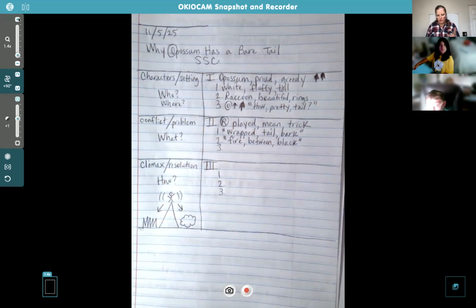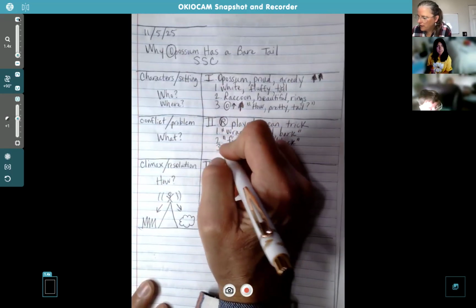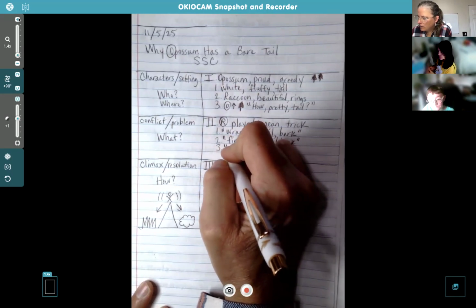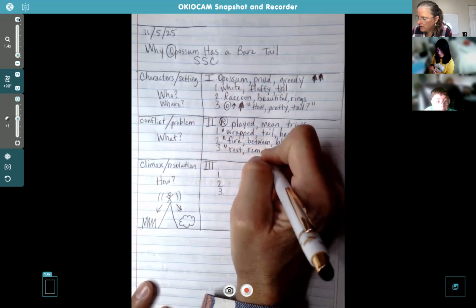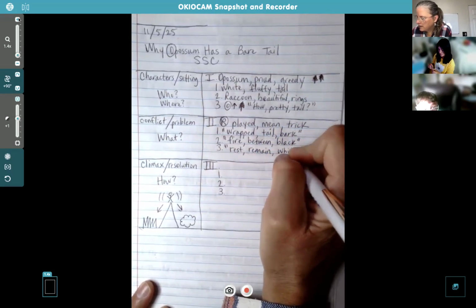So between it turned black, and then what did he say about the rest of his tail, Anthony? It would become furry, I think. Or white, right? It would remain, yeah. I think so. I'm going to put here rest, remain white.